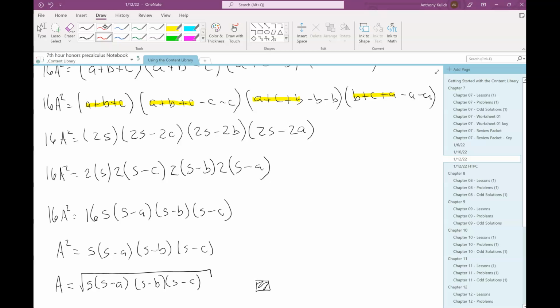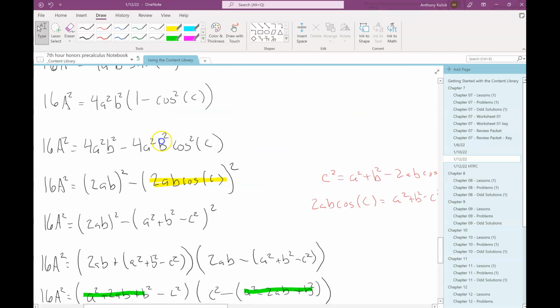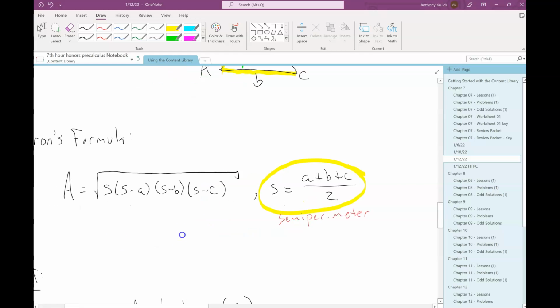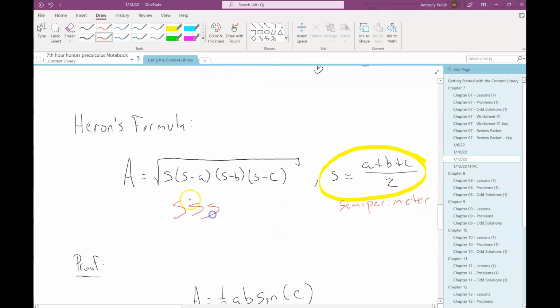Now, when would I want to use Heron's formula as opposed to the previous one? In a side-side-side situation. Yeah. Is that the only time I'd want to use Heron's formula? Yes.